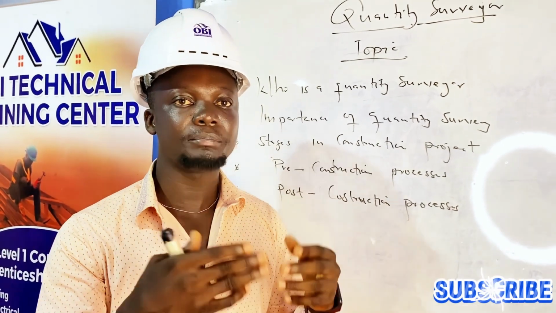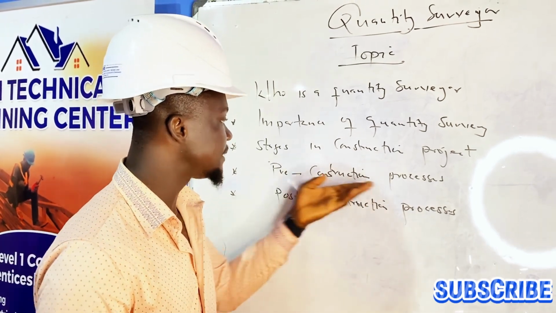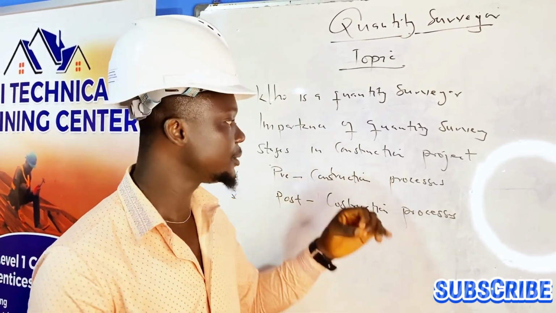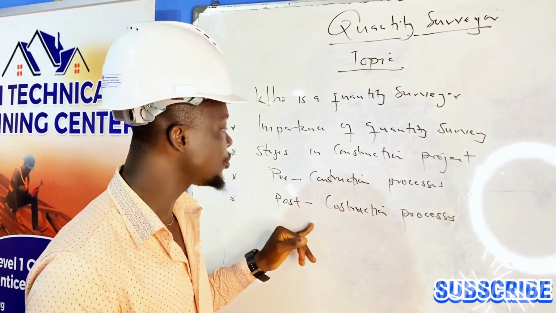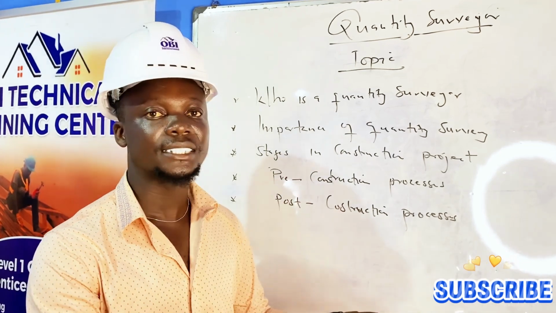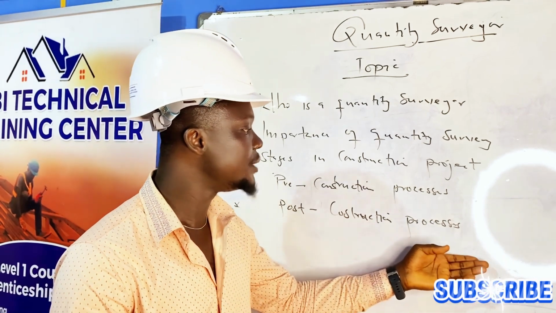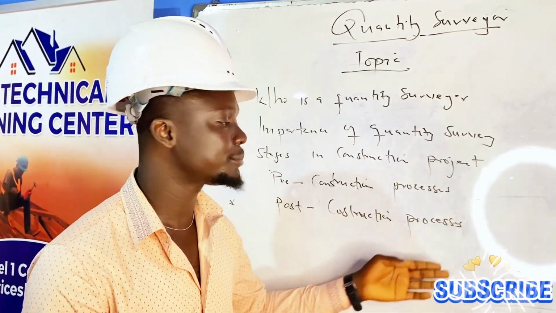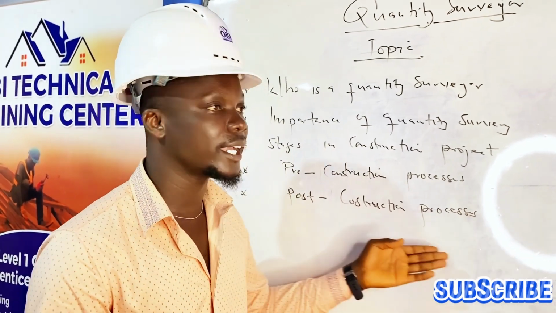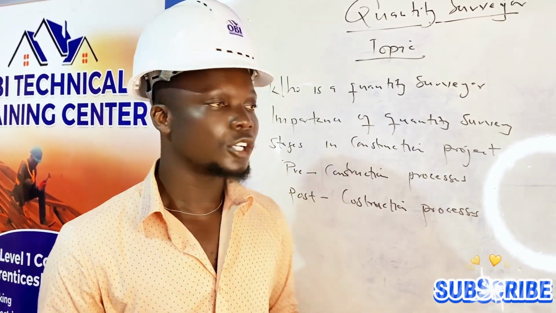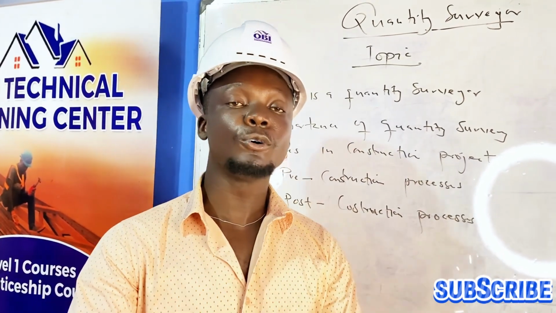So per the bill that is prepared that the contractor is using, per every stage, for any amount that is there per the trade work, the contractor will be able to know that, okay, for the concrete works that I'm going to cast in the foundation, it is going to cost me this. I have my main bill, I have my profits and overheads, I have my contingencies and other things in it. So with this, I'm able to do the work, and this is the profit that I'm making out of it. So it gives a breakdown of all the work items so that the contractor will know what to do.